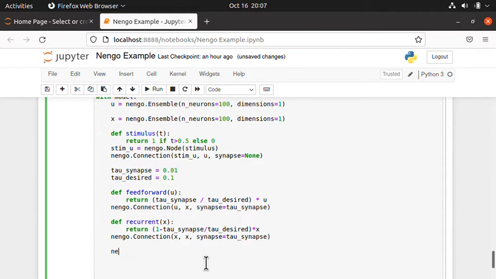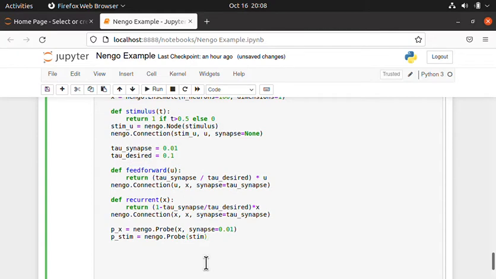Well, let's probe on X, and we should probably probe our stimulus. And on that probe on X, just because we're going to be plotting it, I really should put in some sort of small synapse on there, just so that we can actually plot its value.